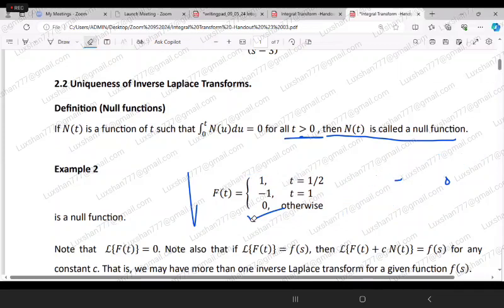Okay, now let me do this one. Let me say that this is a null function.